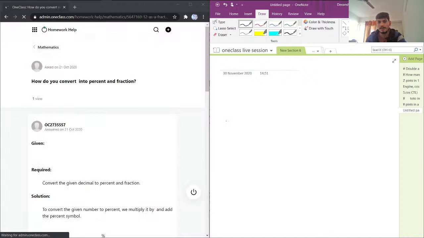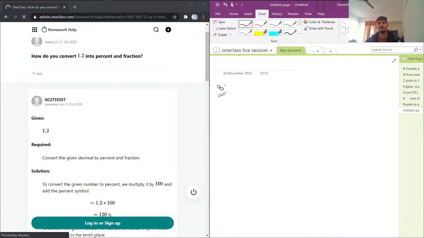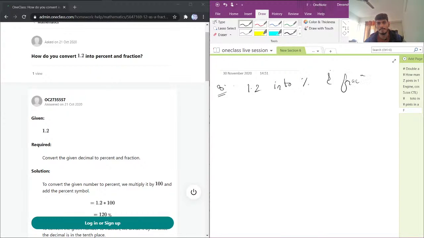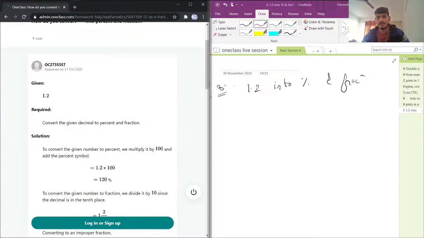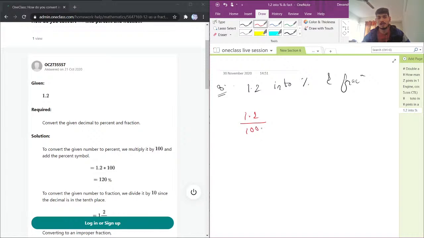Question number 8. How to convert 1.2 into percent and fraction? So for taking any percentage of any number, if we have the decimal number, we just multiply it by 100, because 1.2 is basically a part of 100.